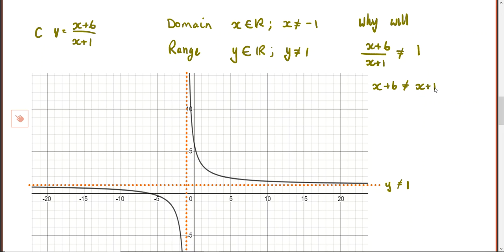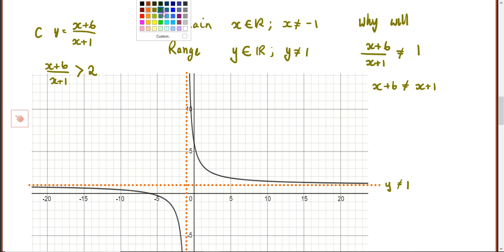Right, now we add in our inequality. So we're doing 2 topics at the same time here. We need to solve x plus 6 divided by x plus 1 is greater than 2. So we can add in another line, can't we?